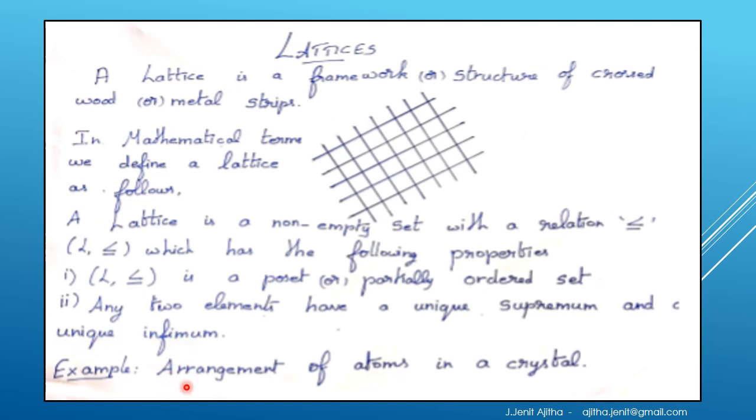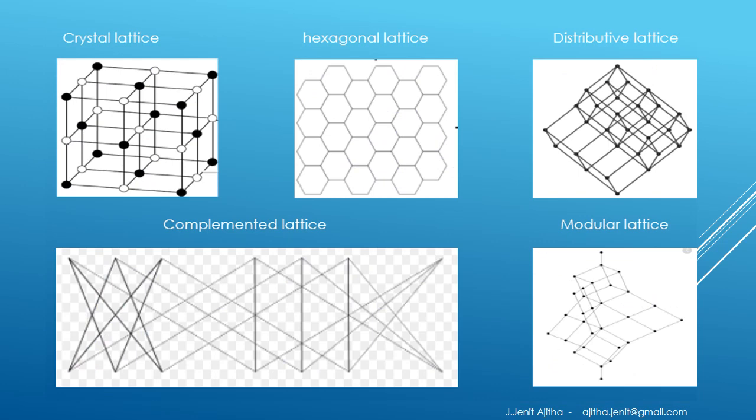For example, you can see the arrangement of atoms in a crystal. That resembles the structure of a lattice. Here you can see some examples of lattices.